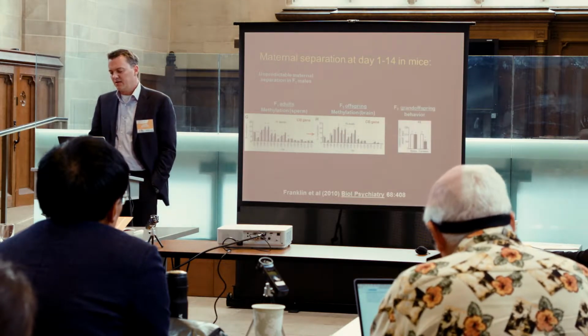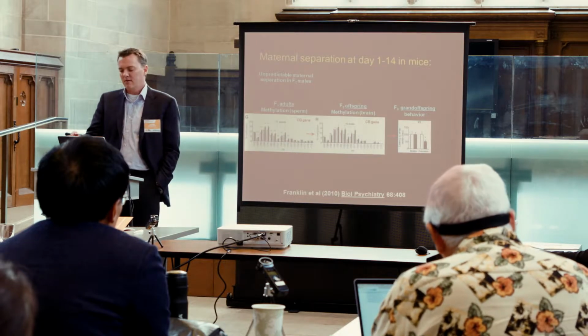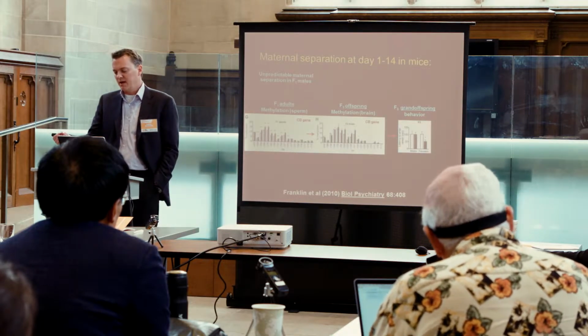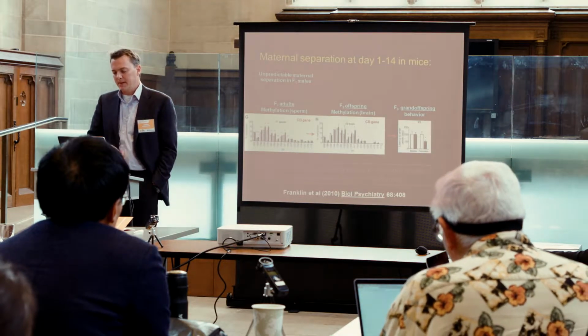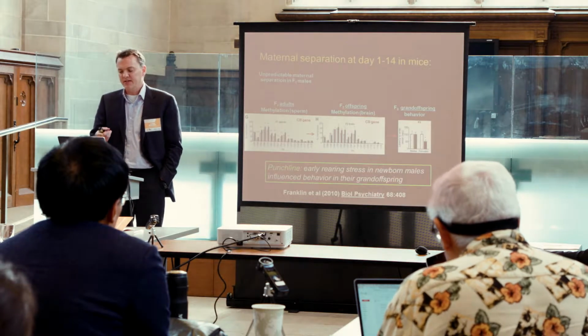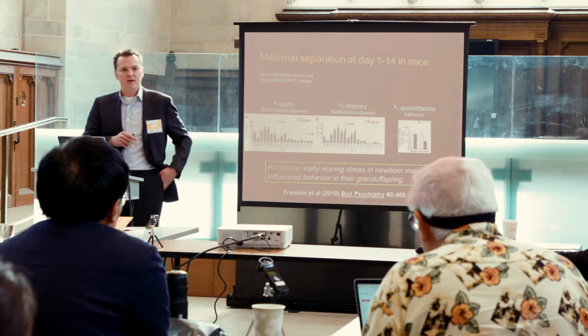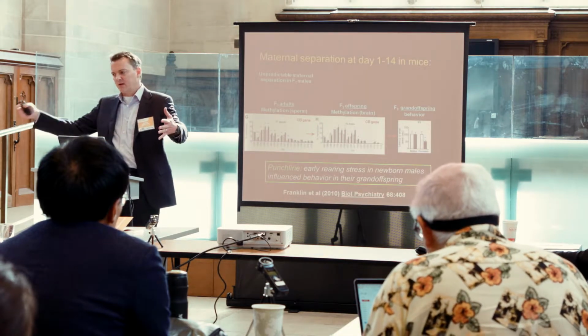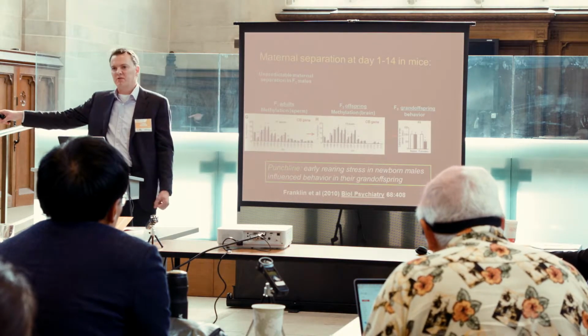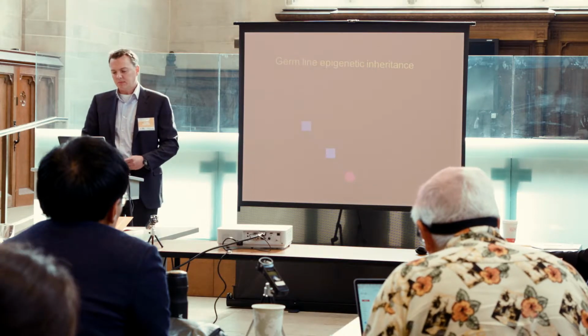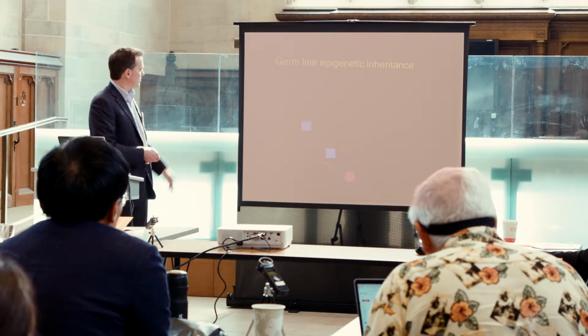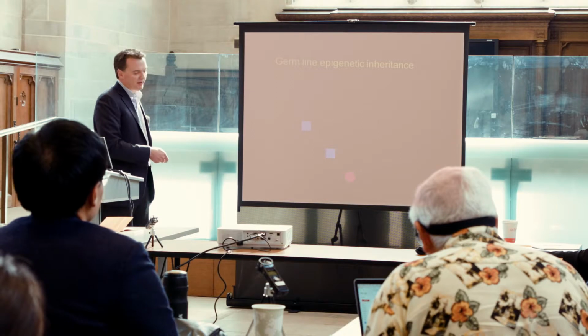And then they also found that there were behavioral differences, okay, in the generation 3, in the grand offspring. All right, so the punchline here is that early rearing stress in newborn males influenced behavior in their grand offspring. So the environment of one generation passes on across 2 generations, operating purely through the patriline. And that's what's reflected here. So environment here, phenotype here, right?